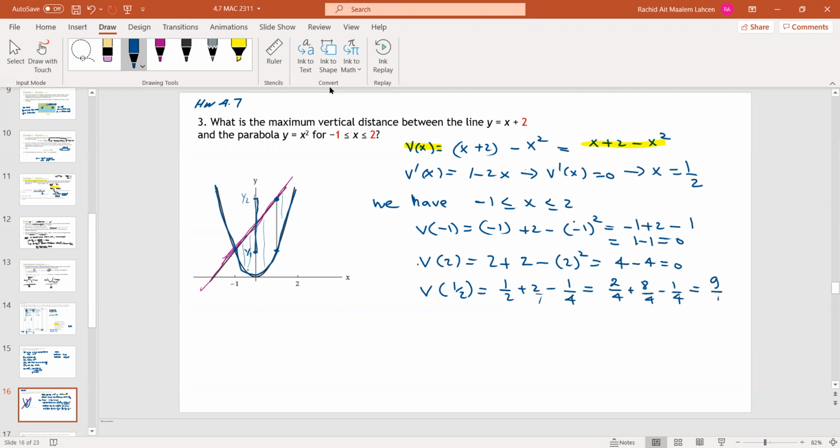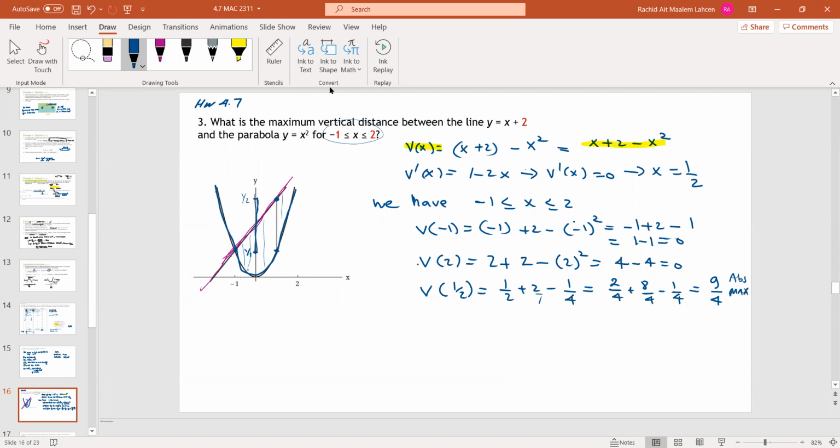So that's 9/4. So as you see in this interval, we expect to have a maximum, this interval here. These y values are zeros, and this v of 1/2 is 9/4, which means that's the absolute max, right? So this is the absolute maximum.